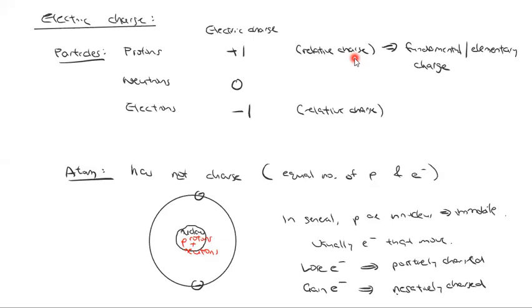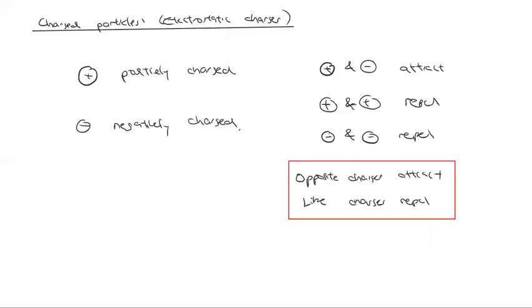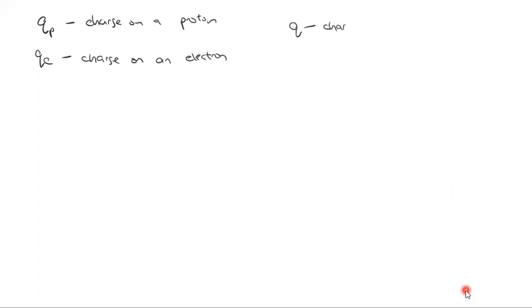That's no longer true, but it is a term we still use. You might see symbols like Q_P to represent the charge on a proton, Q_E being the charge on an electron, and in general, Q represents charge.